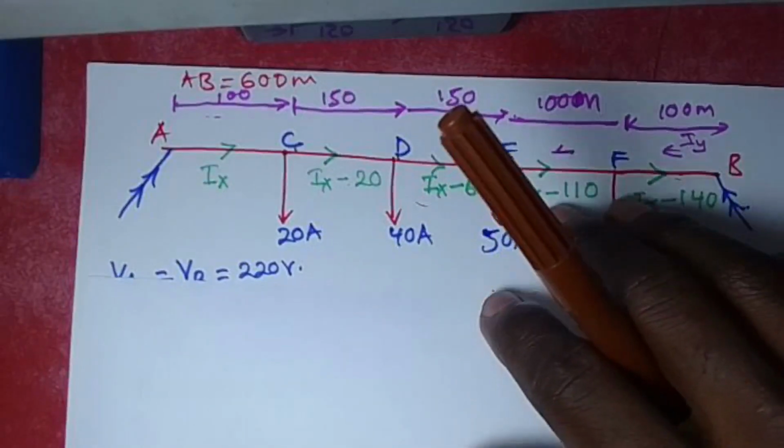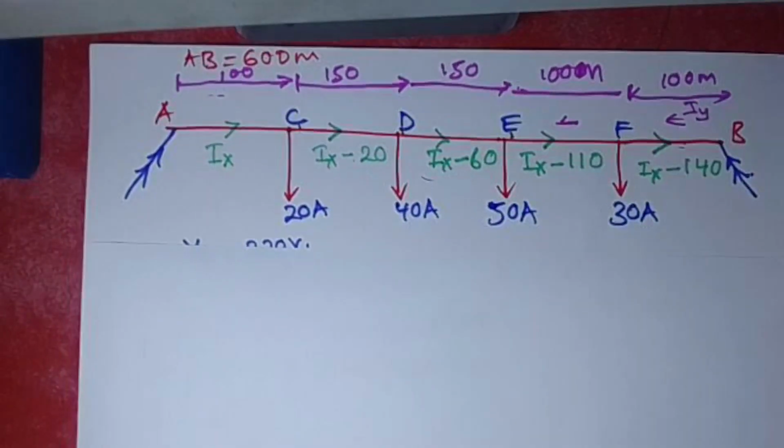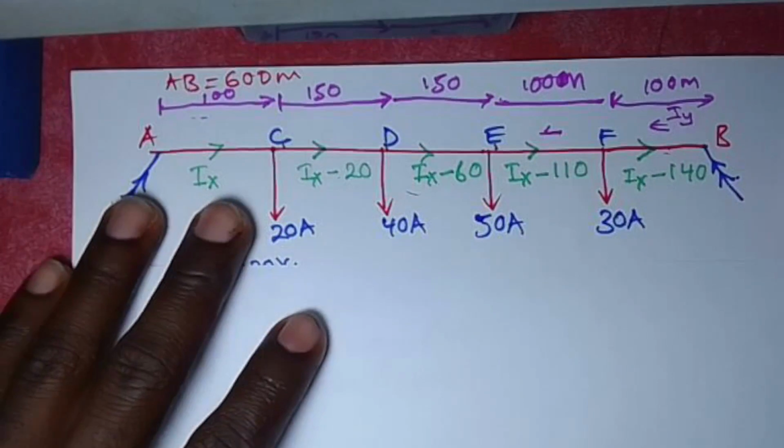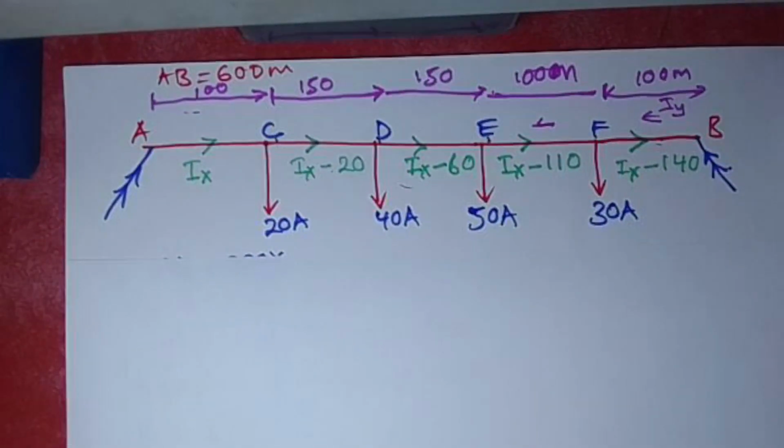Now, referring to this diagram as we had drawn earlier, we are going to be able to calculate the currents flowing in each particular section. How do we do that? To do this, we shall get the entire drop across the section.